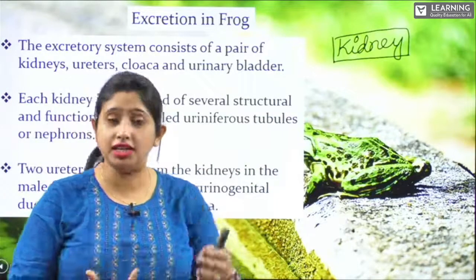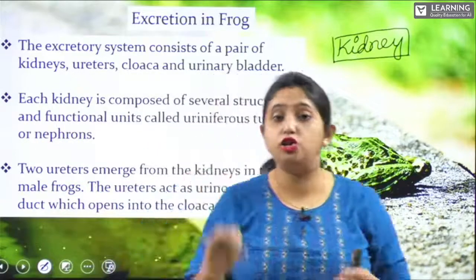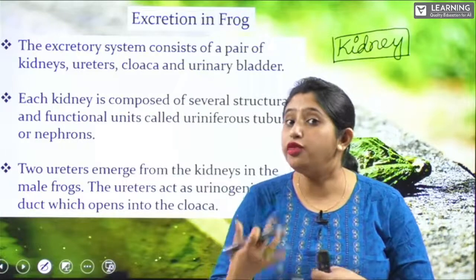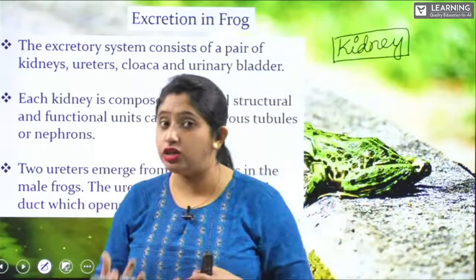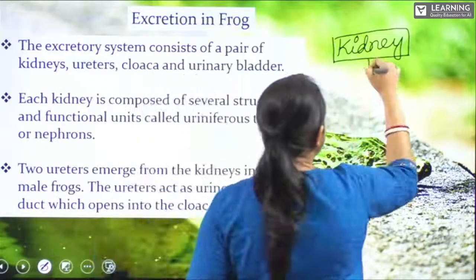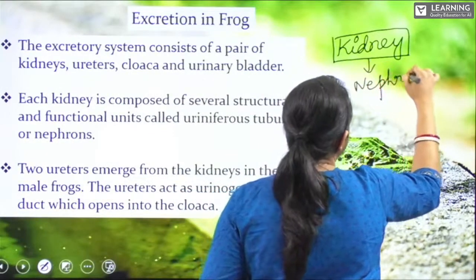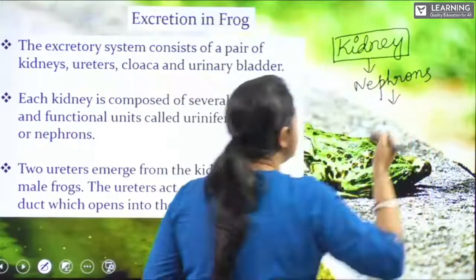So inside the kidney, like in case of human beings, we have tubules. What do we call these tubules? Yes, we call them nephrons, right? So what are these nephrons?